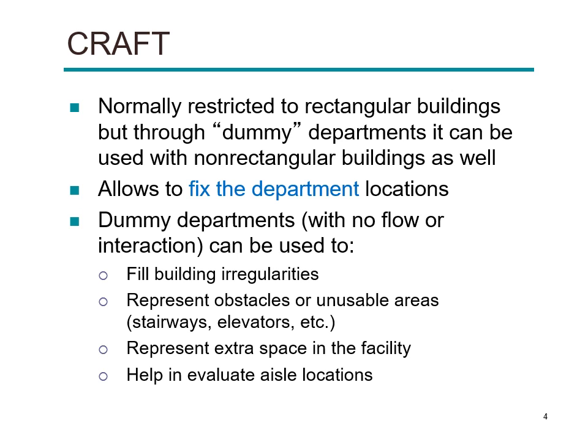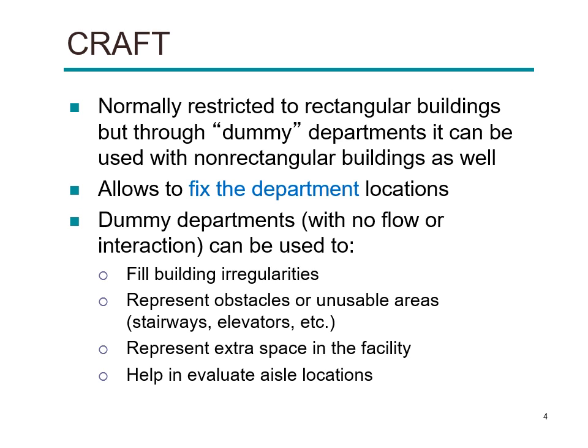In CRAFT, you can use the so-called fixed departments. It means that you have a department and you can fix its location, and CRAFT never tries to exchange these departments.